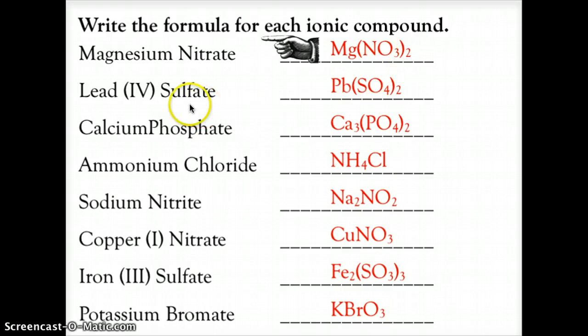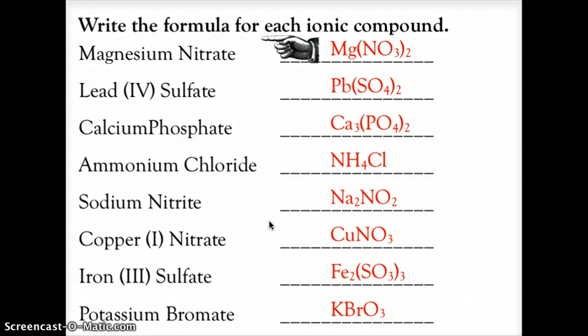Lead(IV) sulfate is Pb(SO4)2 because the Roman numeral 4 from the transition metals tells us that lead is plus 4, so we need 2 of the negative 2 sulfates to balance. Calcium phosphate comes out to Ca3(PO4)2. Ammonium chloride, those are plus 1 and minus 1, they go together at a 1-to-1 ratio of NH4Cl.